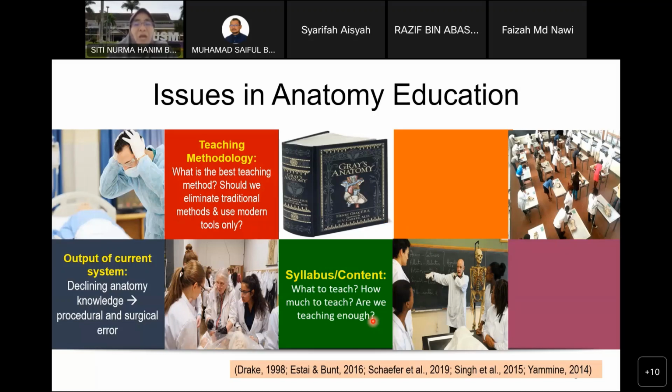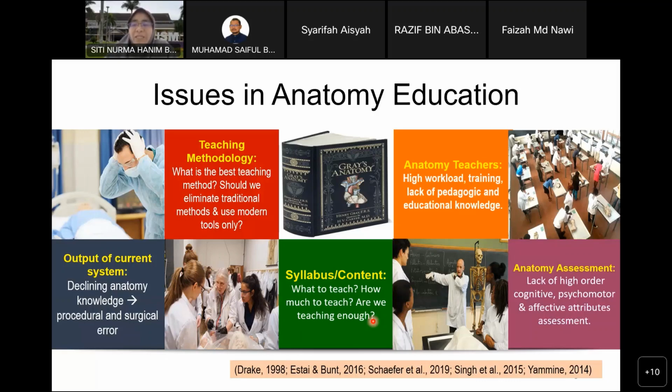So we don't know how much to teach, what to teach, or whether we are teaching enough or not. And in terms of anatomy teachers, research has proven that anatomy teachers are facing a high teaching load, high workload, and some even do not have the opportunity for career progression, and they have limited opportunity for professional development. Some are even digitally illiterate.